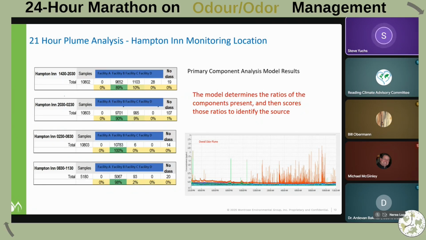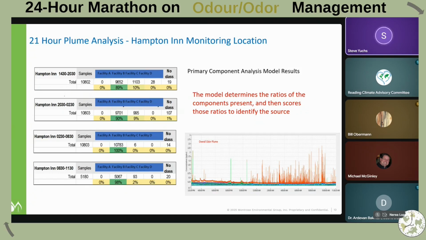For the next 4 hours, you see it drop down a little bit, from 90 to 9. 100% of the facility's odors were matched back to these facilities during this time frame with the heavy wind, and then it's basically 100% there too.